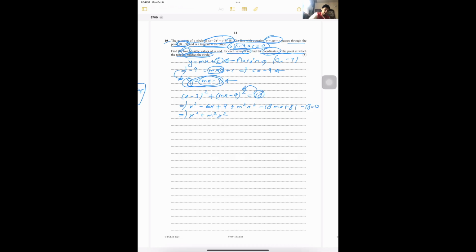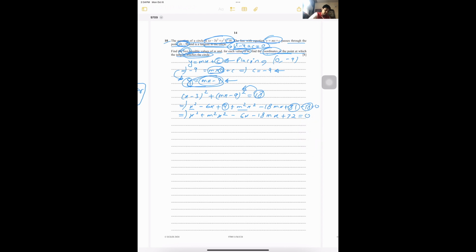I'm just putting the common terms together now. Minus 6x minus 18mx plus 9 plus 81 minus 18. Okay, so it's 72, which is equal to 0.